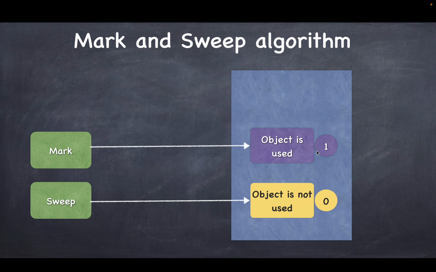So whenever an object is used, it will be marked with 1. Whenever an object is not used, it is marked with 0, and then the sweep algorithm will delete all those objects present in this heap space with number 0. This is how the mark and sweep algorithm works.